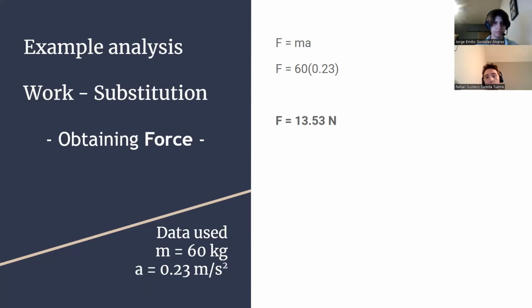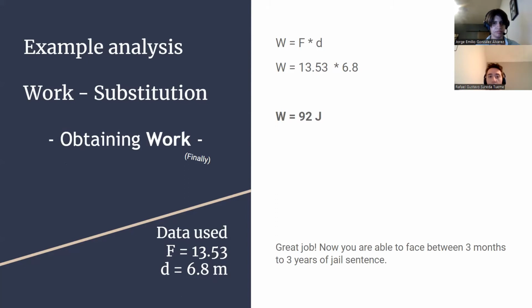The formula of force is mass times acceleration, and the result we get is 13.53 newtons. Then we will find the work, using the force, 13.53 newtons, and the distance of 6.8 meters. The formula of work is just force times distance, which gives us 92 joules.